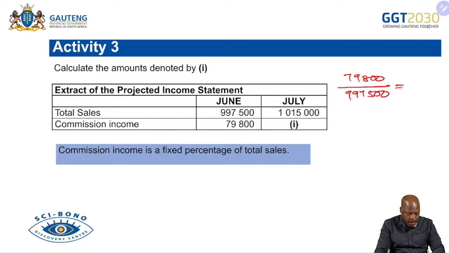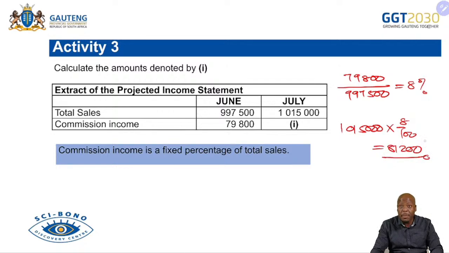And then that is going to give me 8%. And then I'm now going to come and say my 1,015,000 multiplied by the 8%. That is how it gives me 81,200, 81.2. So that becomes the answer now for number 1, 81.2.